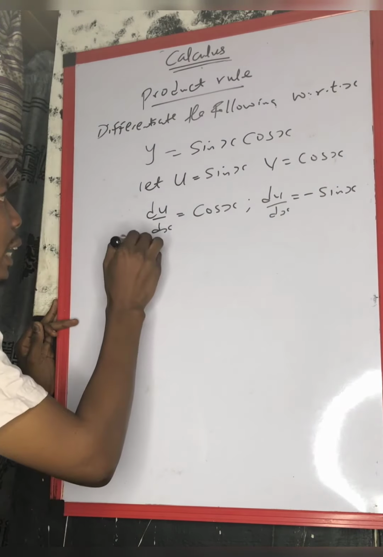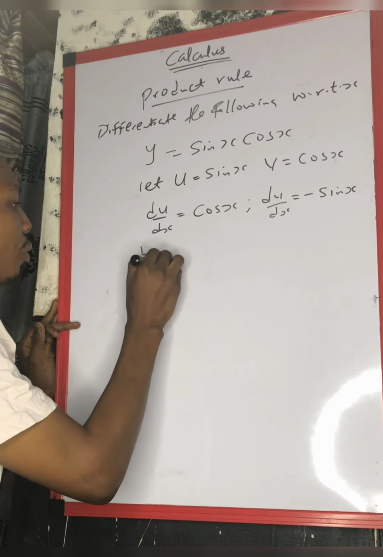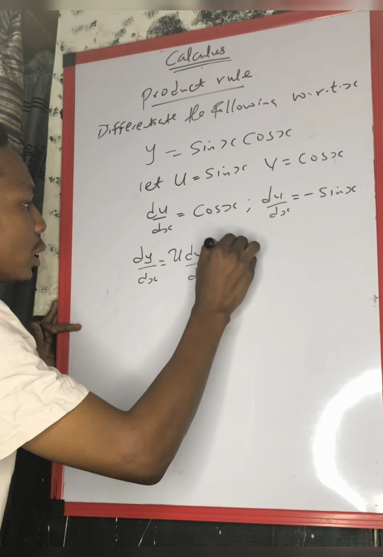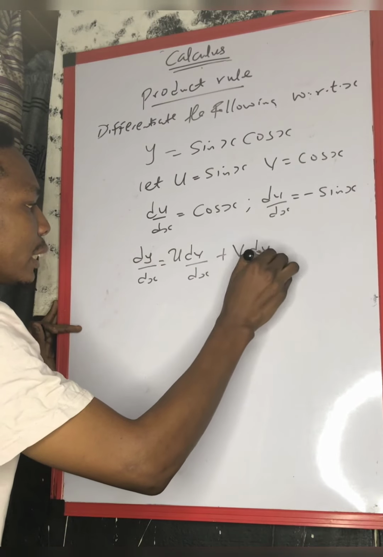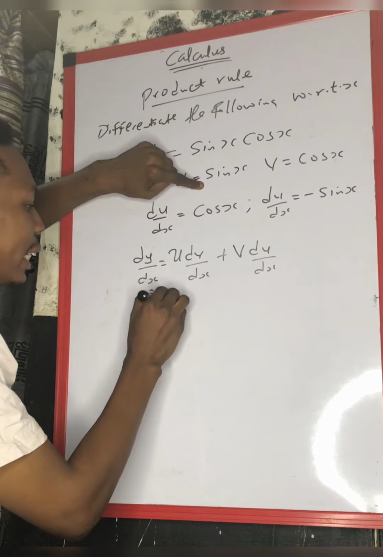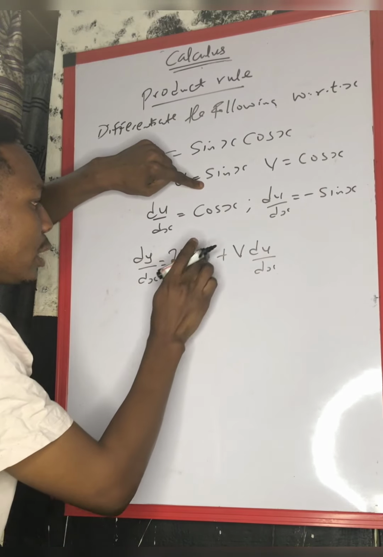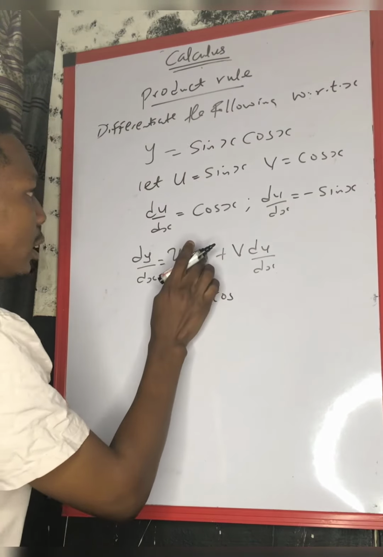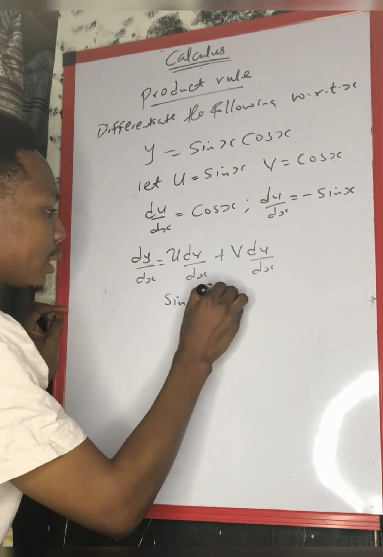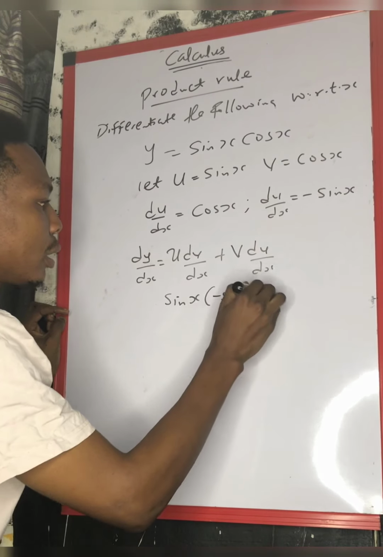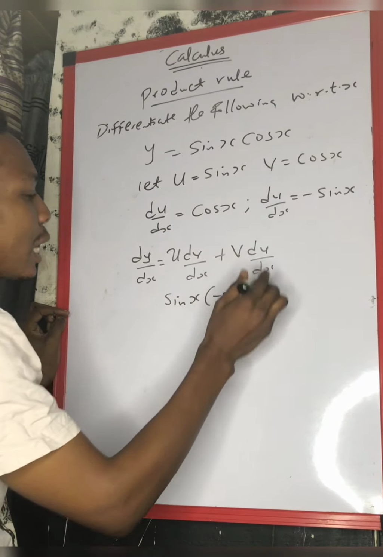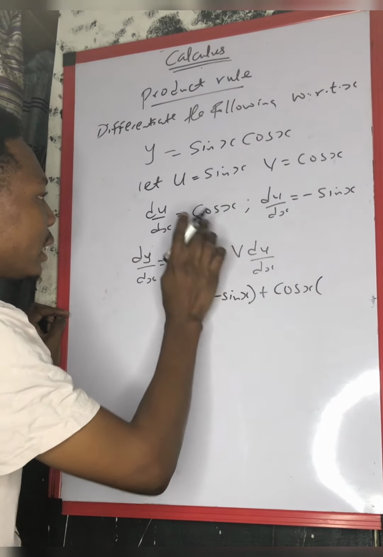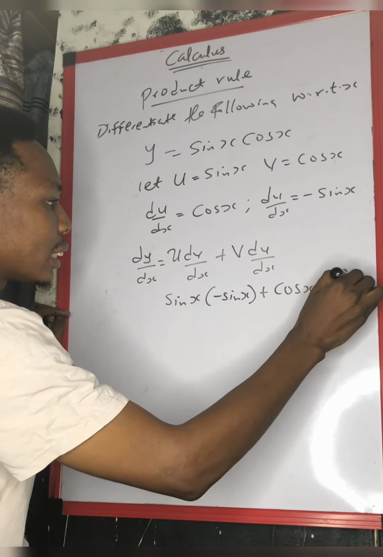To get dy/dx, don't forget it's u dv/dx plus v du/dx. So our u is sine x, dv/dx is minus sine x, then plus our v, which is cos x, and du/dx is cos x.